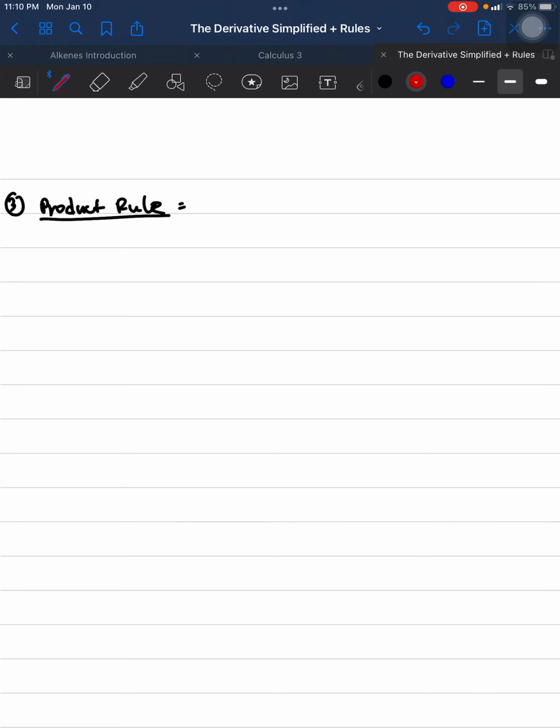The product rule helps you find the derivatives of products, either two different functions being multiplied together, or two different variables being multiplied together. I'm going to denote those two functions as u and v.